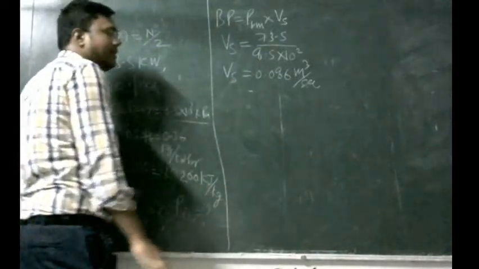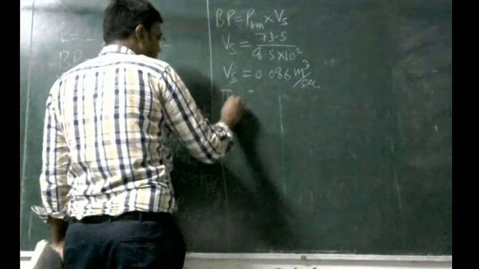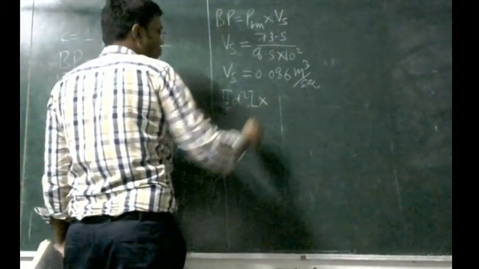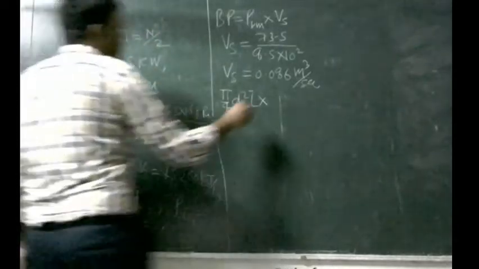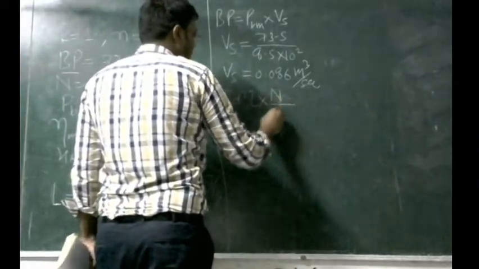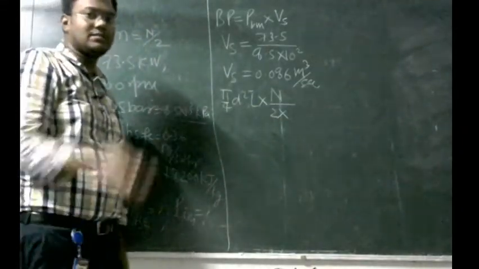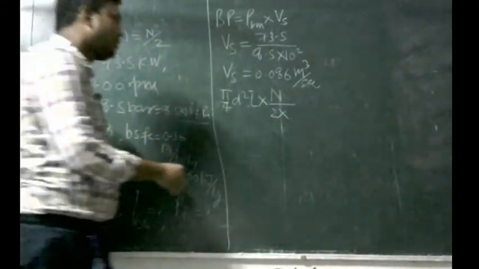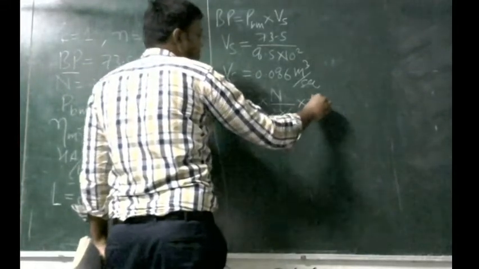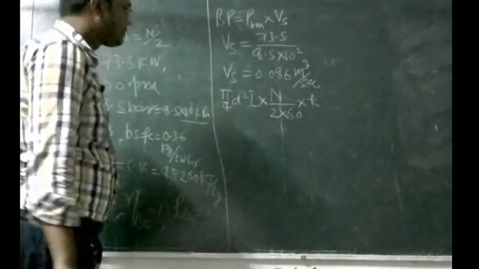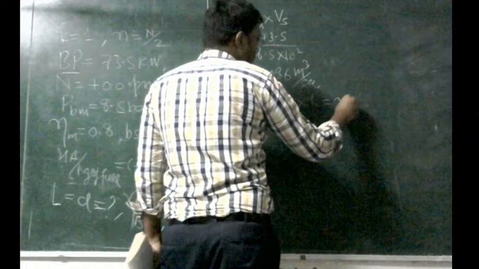Now we know the formula of Vs. Vs is equal to pi by 4 D square L into small n, which is N by 2. This N is RPM, revolution per minute, so we have to convert it to rps, revolution per second, so divide by 60, into small k, the number of cylinders. This whole value is equal to 0.086.